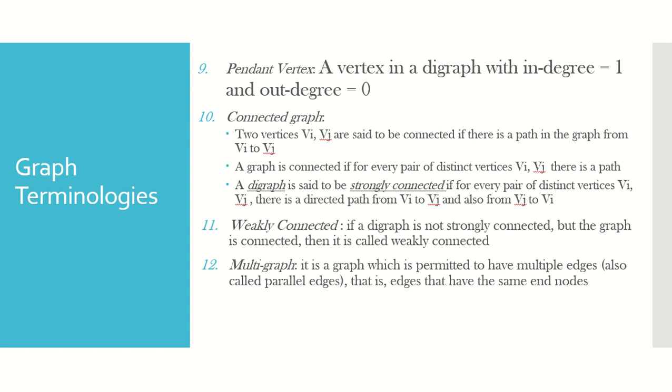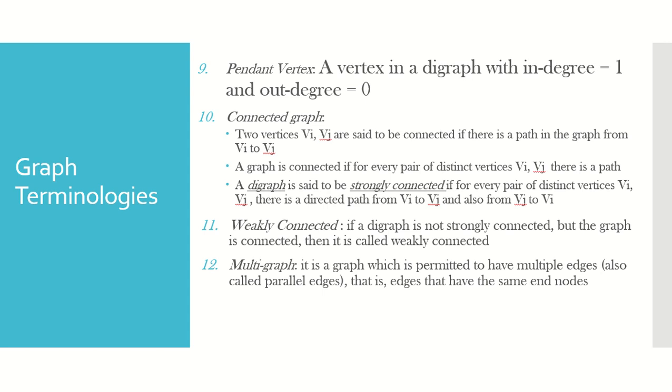A pendant vertex is a vertex inside a directed graph where you can find its in degree as 1 and out degree 0, which means it has got only one connection and that connection is coming to the vertex, but there is no connection which is going back from the vertex. So in degree is equal to 1, out degree is equal to 0. This is in the case of a directed graph, and such kind of a vertex is called a pendant vertex.